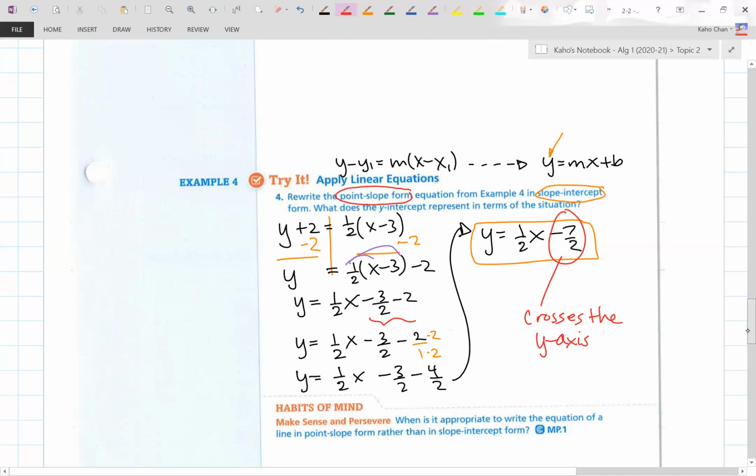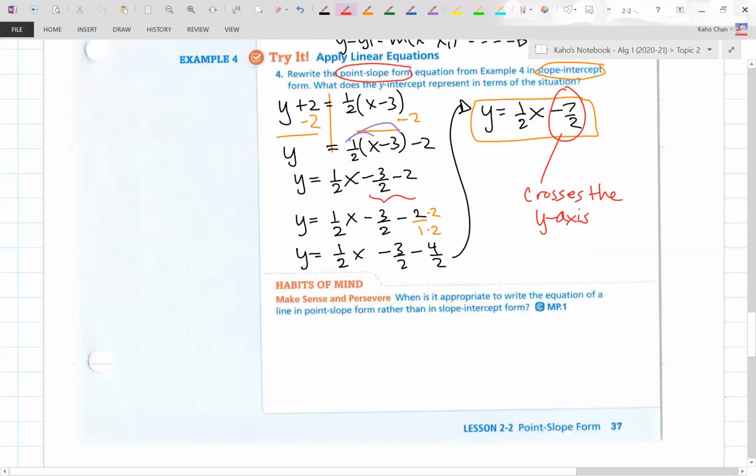All right, quick summary about the two different forms that we've learned so far. If you are given a point and a slope, everyone suggests you use point-slope form.